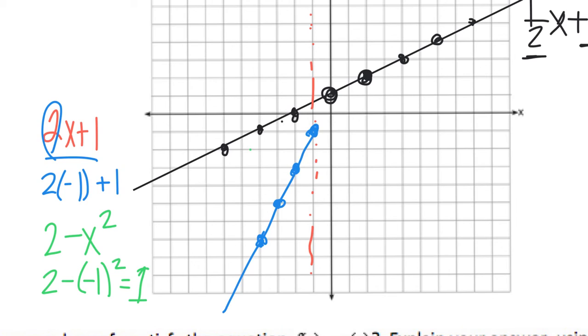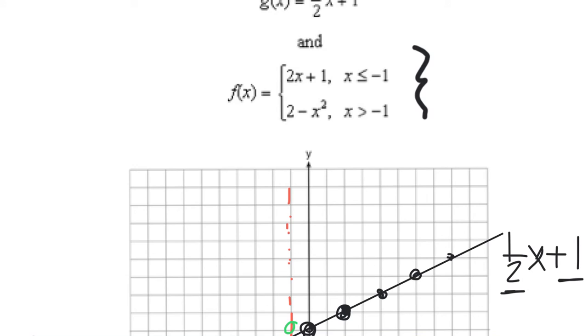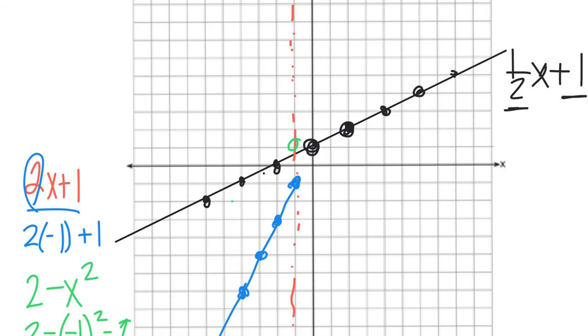So negative 1, 1. And I'm actually going to draw an open circle here, and that's because this function doesn't include that in the solution set, because you can see that x is greater than negative 1, not equal to. Equal to is here, and that's why I did a closed circle on that blue line there.